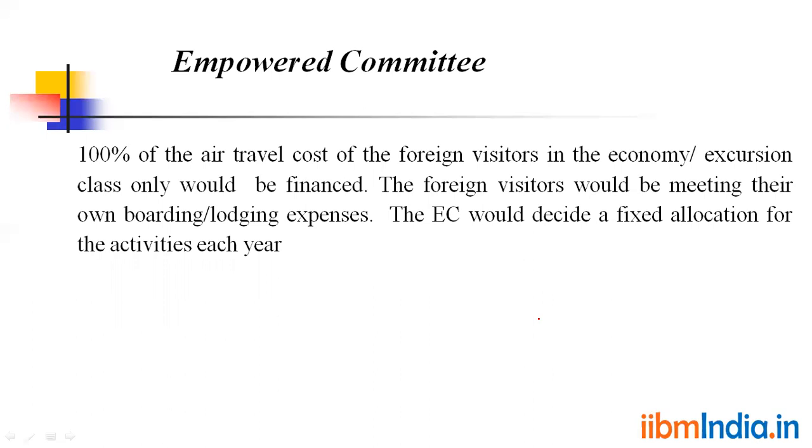So 100% of the air travel cost of the foreign visitors, on the basis of the economy class if somebody is traveling, and the foreign visitors would be meeting their own boarding and lodging expenses, and the EC would decide a fixed allocation for the activities each year.